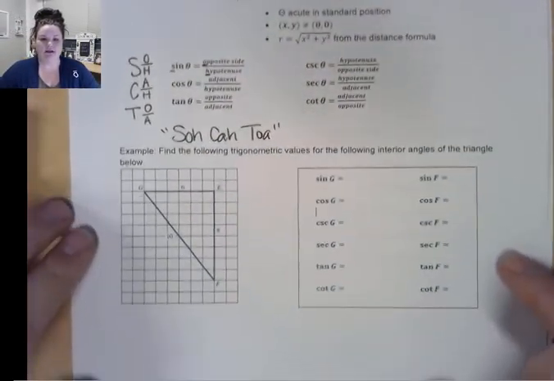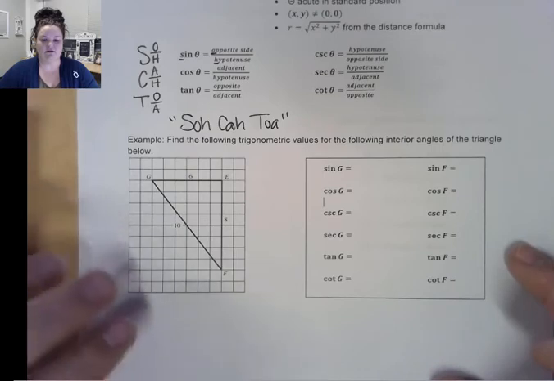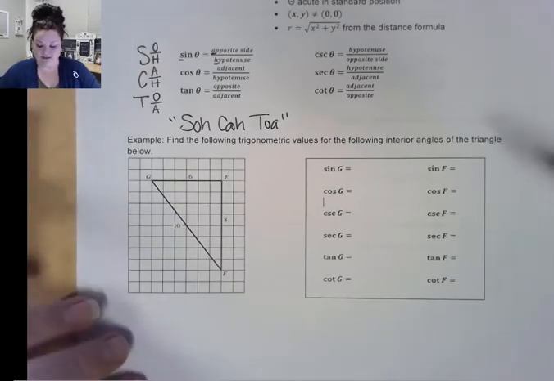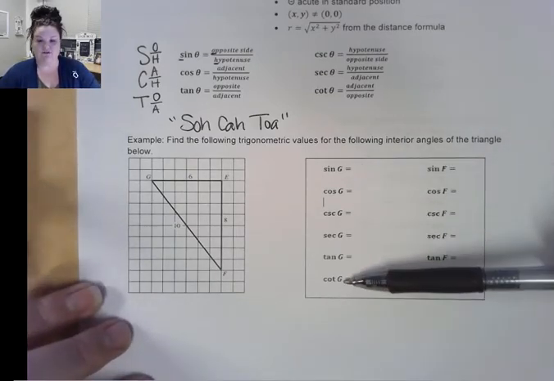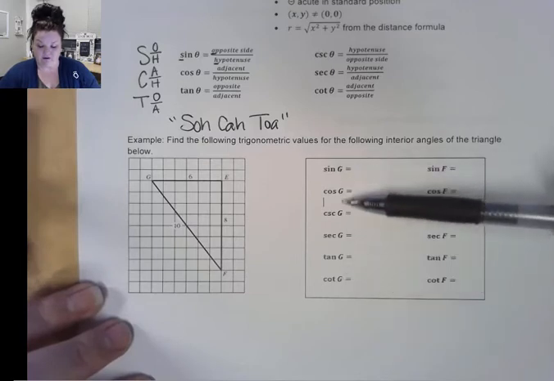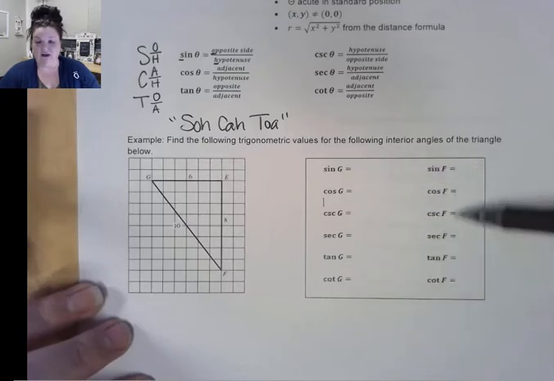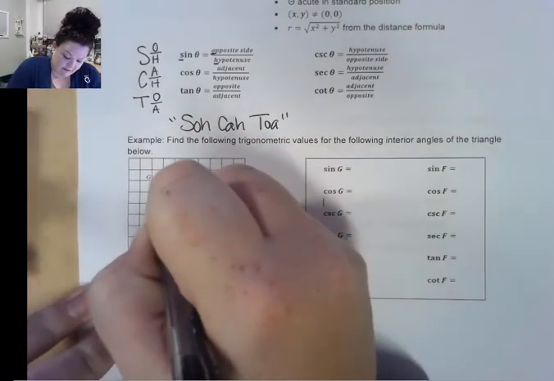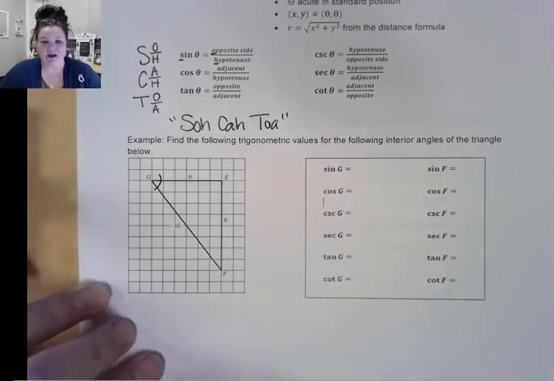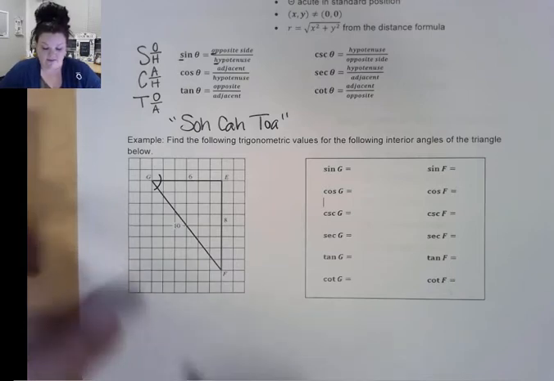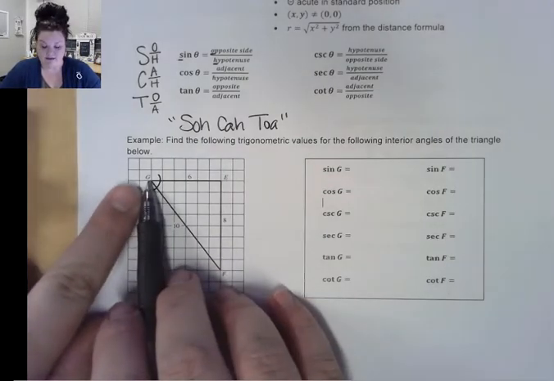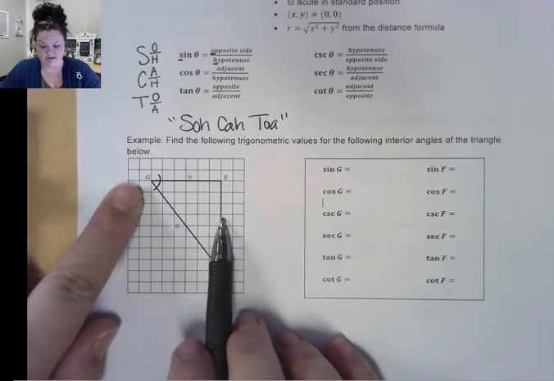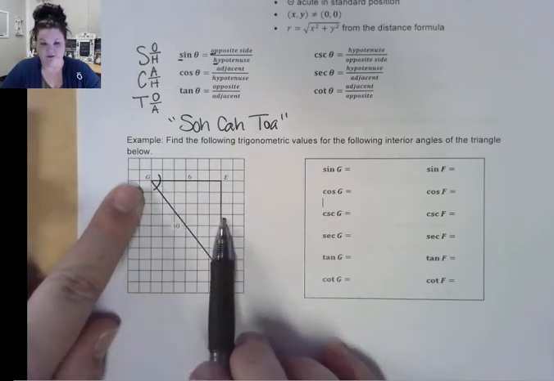Here is a triangle, and they want us to find all 6 trig functions for both the angle G and the angle F. I'm going to look at G first, so we're looking at this angle right here. I want to label my triangle. If I'm looking at angle G, the side that's completely opposite, or that my angle opens up to, is this length here of 8.